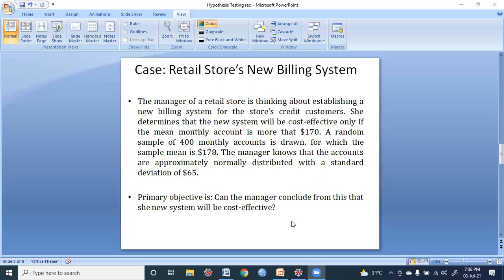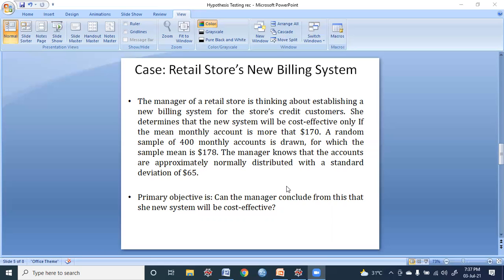Now let us see the case. We'll take a retail store's new billing system as a case. The manager of a retail store is thinking about establishing a new billing system for the store's credit customers. She determines that the new system will be cost effective only if the mean monthly account is more than $170.